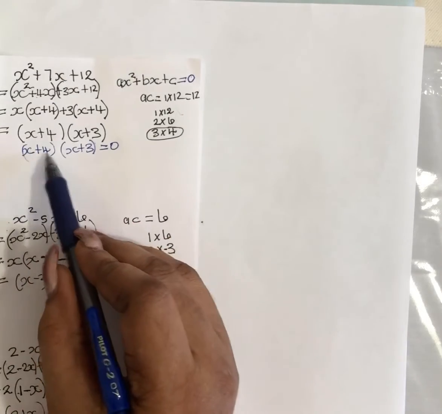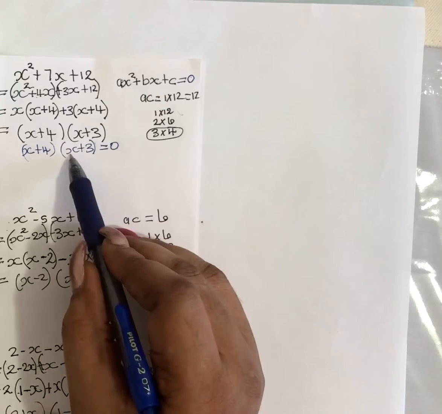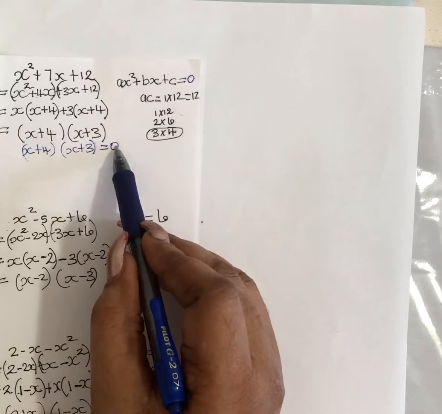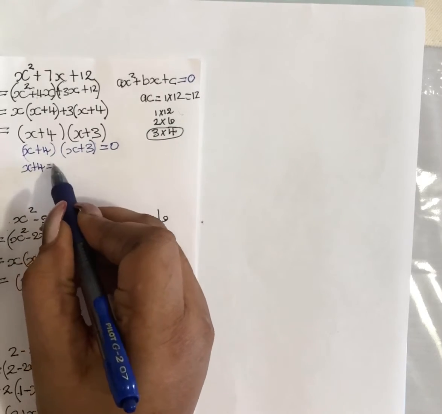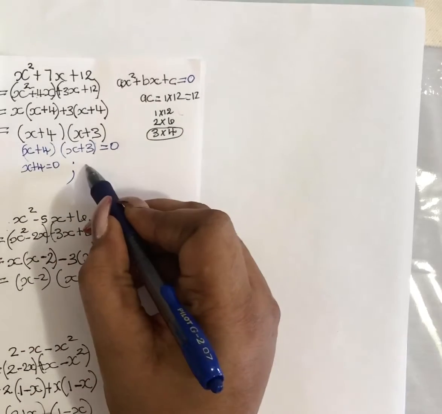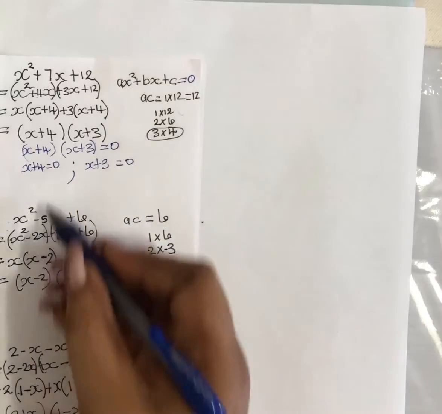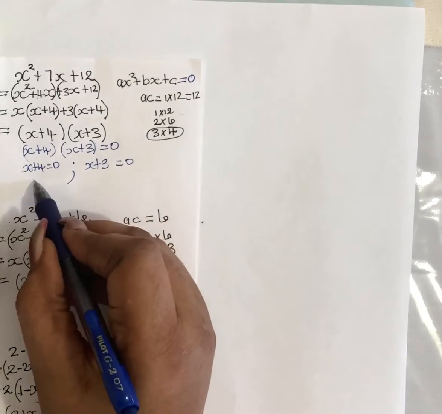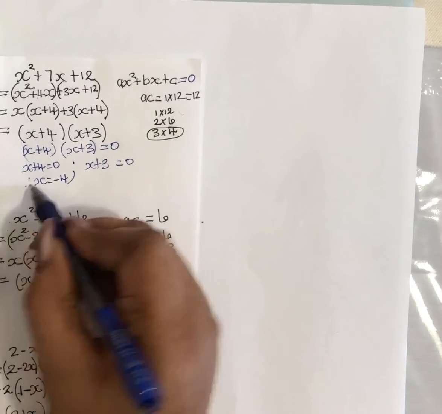So each parenthesis, x plus 4 will be equal to 0. x plus 3 will be equal to 0. And we solve x plus 4, and then we have x plus 3. We take across the 4, so x will be equal to negative 4 in this case.